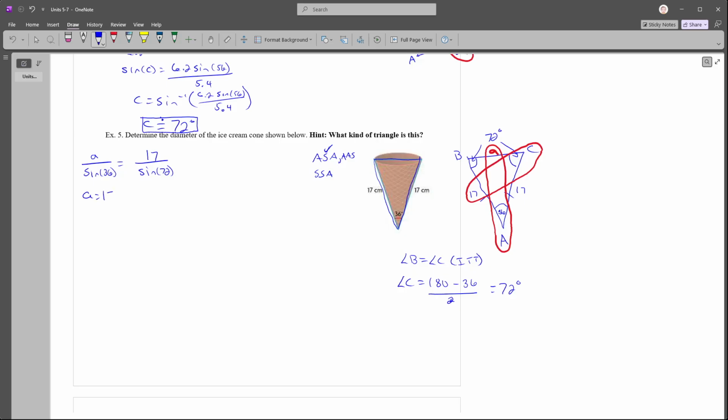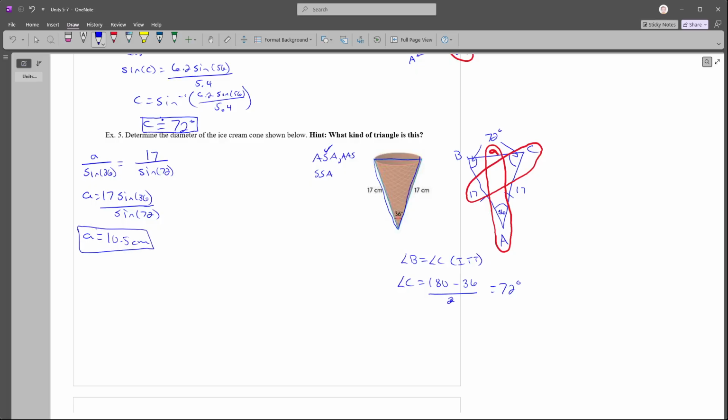So A is equal to 17 sine of 36 over sine of 72. And when we calculate this, we get a value of approximately 10.5 centimeters. And that's it. That's the whole question.